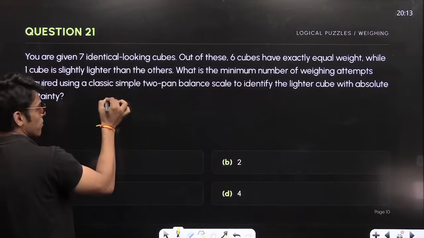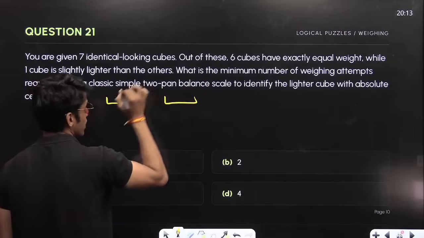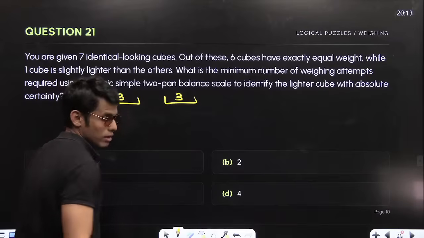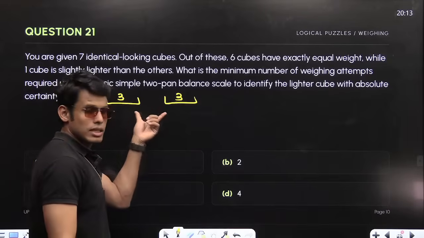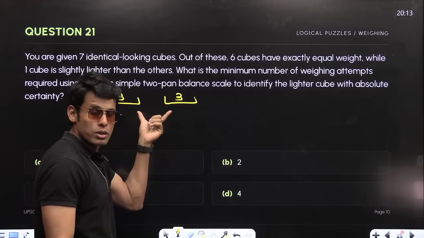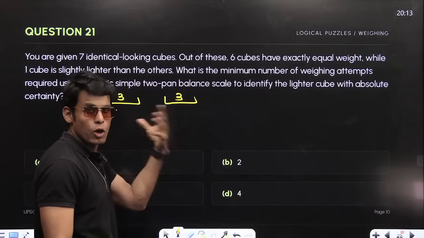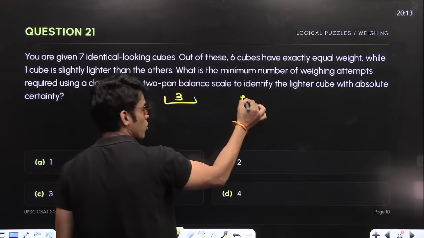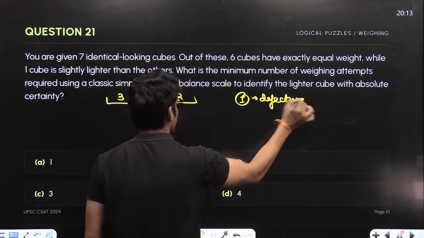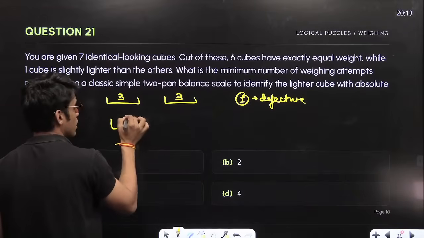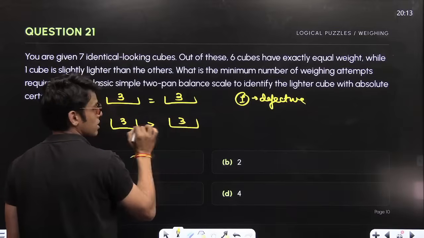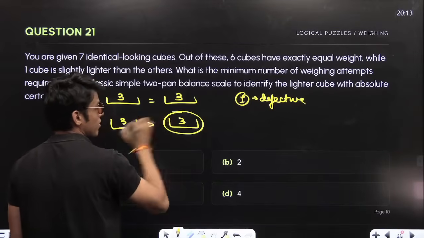So this is called a binary problem, in which you divide 3 weights here and 3 weights here. If this balances, then all 6 cubes are fair, basically of equal weight, and one remaining cube will be the defective one. Okay. But if this is heavier, then the defective lies here.